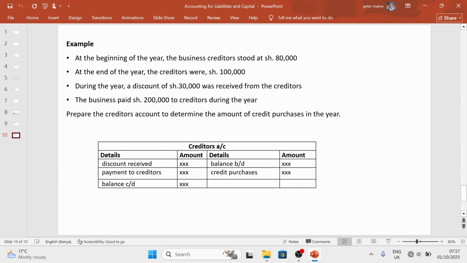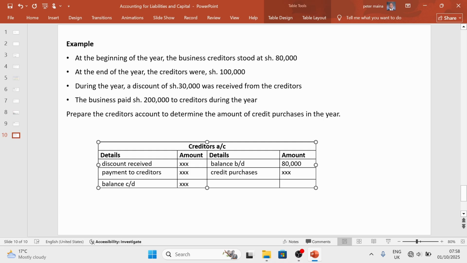So we start with the first point. At the beginning of the year, the business creditors stood at 80,000. According to the format for creditors, that is the balance brought down, and it should be recorded on the credit side. So on the credit side, we are going to record 80,000.